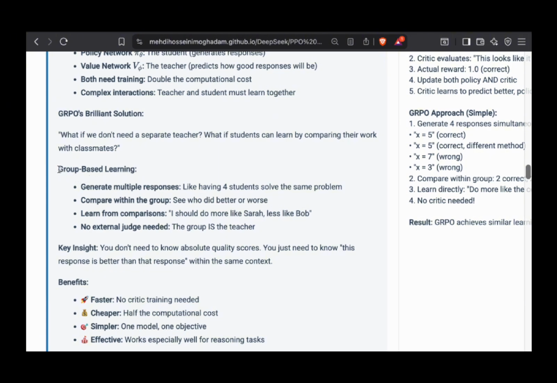Group-based learning, that's the whole concept. Generate multiple responses, like having 4 students solve the same problem. Compare within the group, see who did better or worse. Learn from comparisons: I should do more like Sarah or less like Bob.